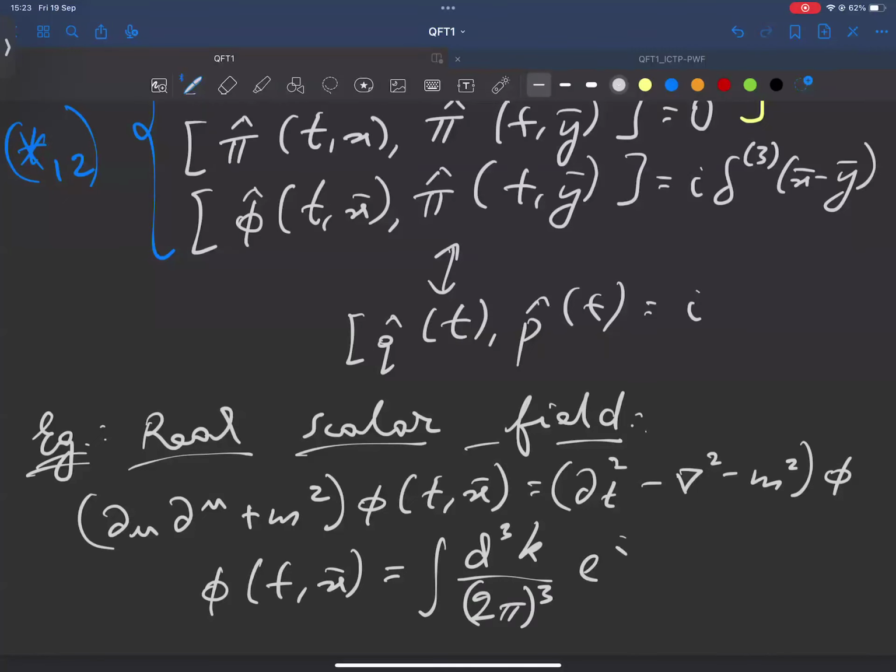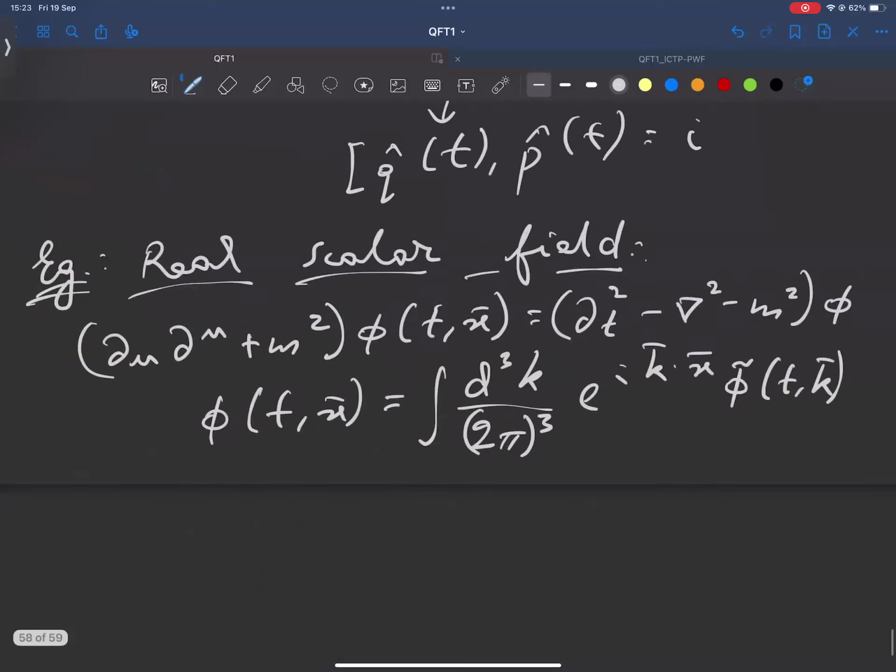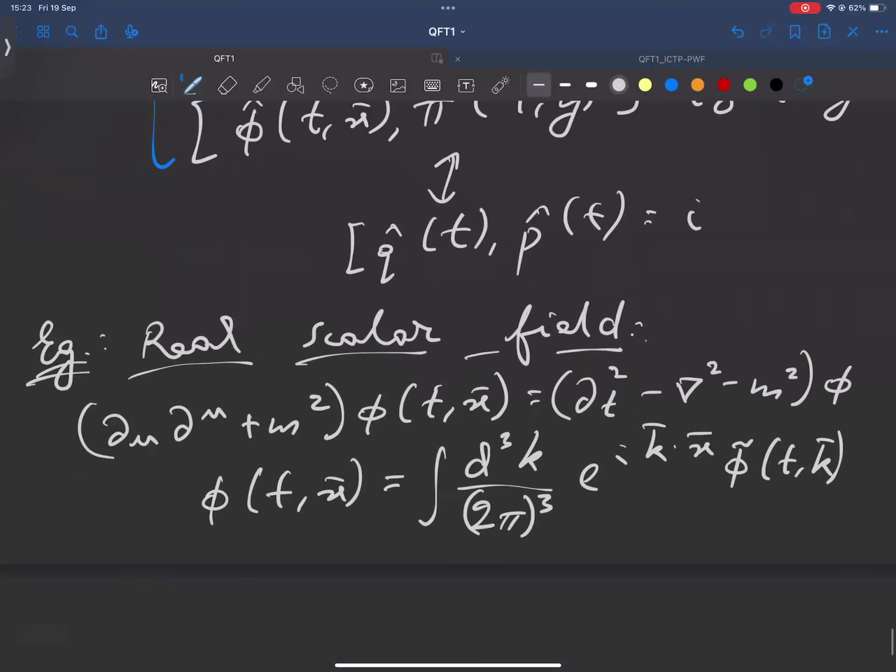For people who are not familiar with Fourier transform, I have written an appendix in my notes. You can have a look. Whenever you have translational invariance, you can write things in plane wave basis, and it's there in the appendix.